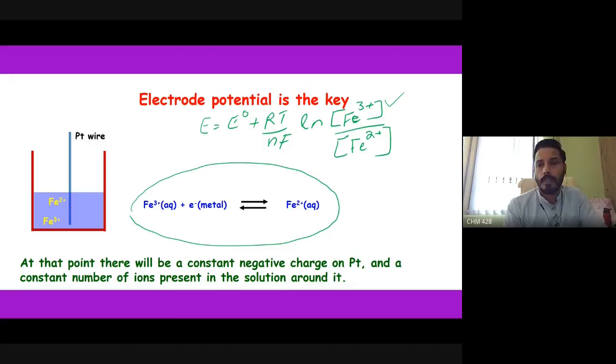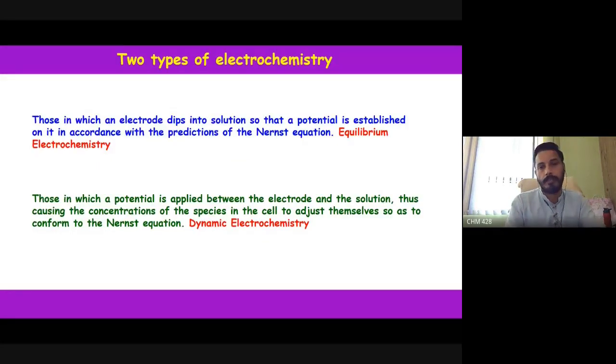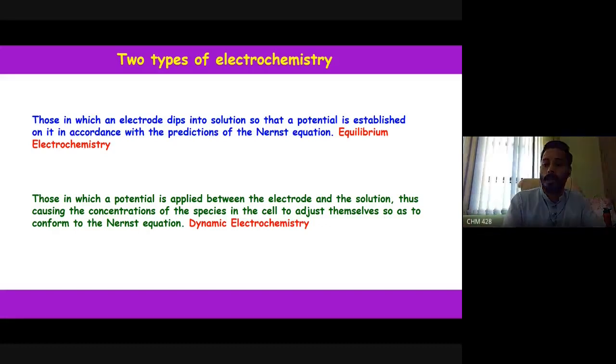Yes, sir. So when you adjust the concentration of Fe3+ and Fe2+, the electrode potential will change. And that is one aspect of electrochemistry, called equilibrium electrochemistry, where you adjust the concentration of solution species and thereby adjust the electrode potential.